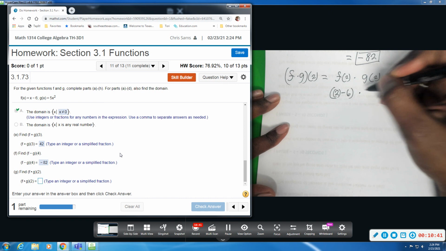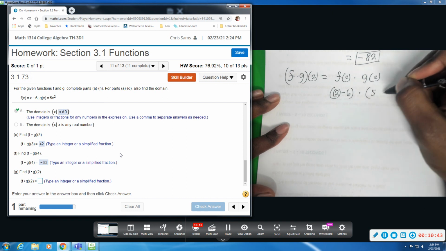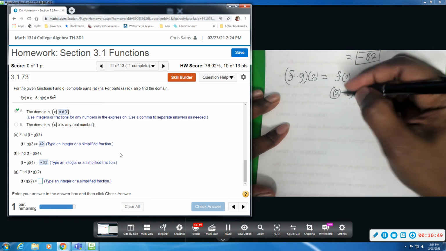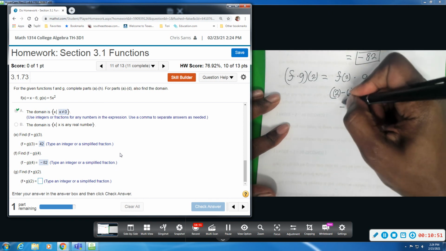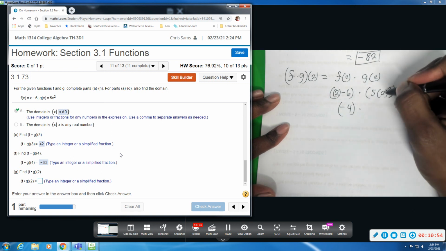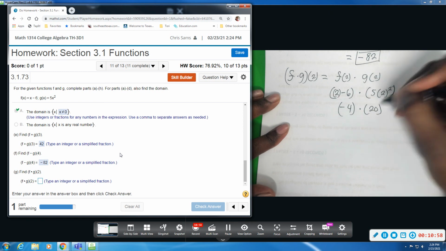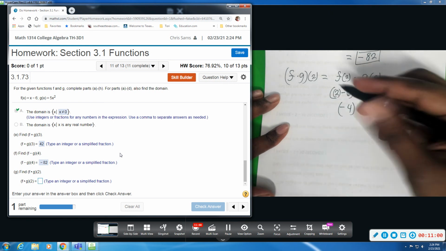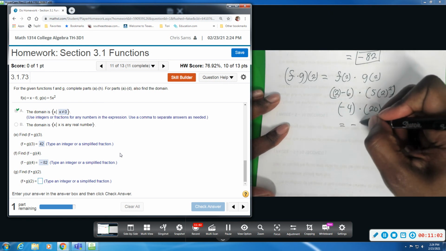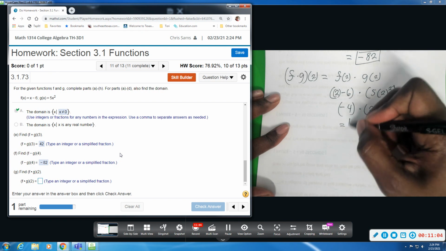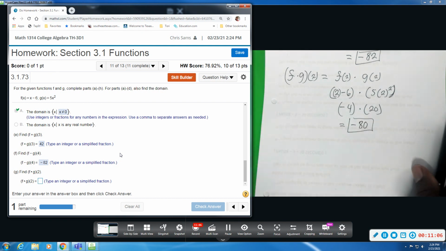I'm going to multiply that by 5 times 2 squared. Alright, 2 minus 6 is negative 4. So we get a negative 4 on this side. 2 squared is 4 times 5 is 20. Negative 4 times 20 gives us a negative 80. So that would be our final answer, negative 80.